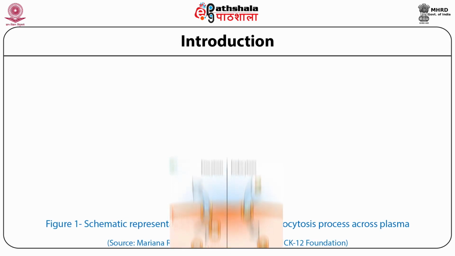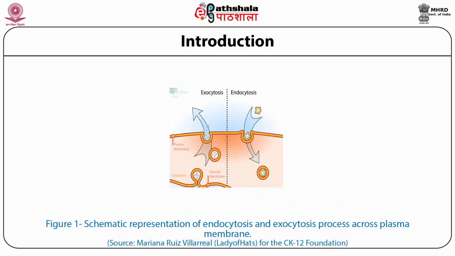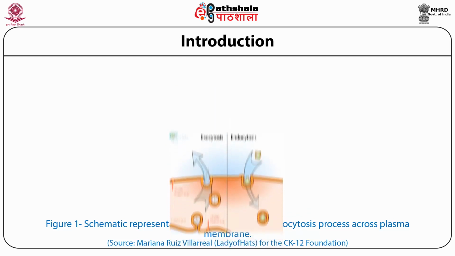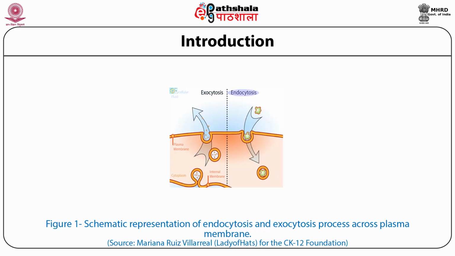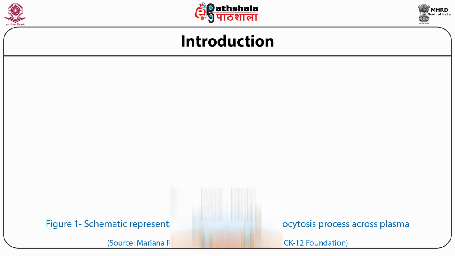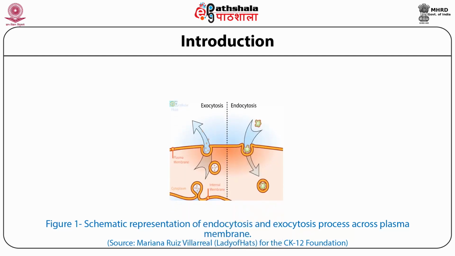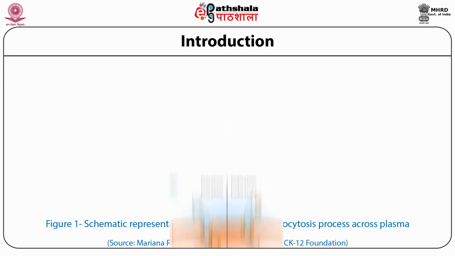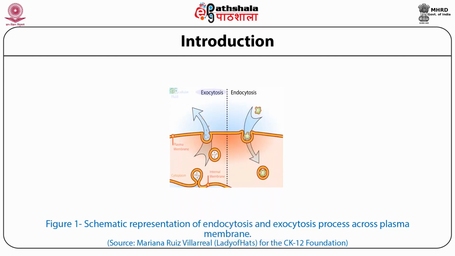This figure shows a schematic representation of the two vesicle-mediated processes, endocytosis and exocytosis. In exocytosis, molecules move towards the outside of the cell, while in endocytosis, hydrophilic molecules are captured into membrane structures that we call vesicles, and they come into the cell.